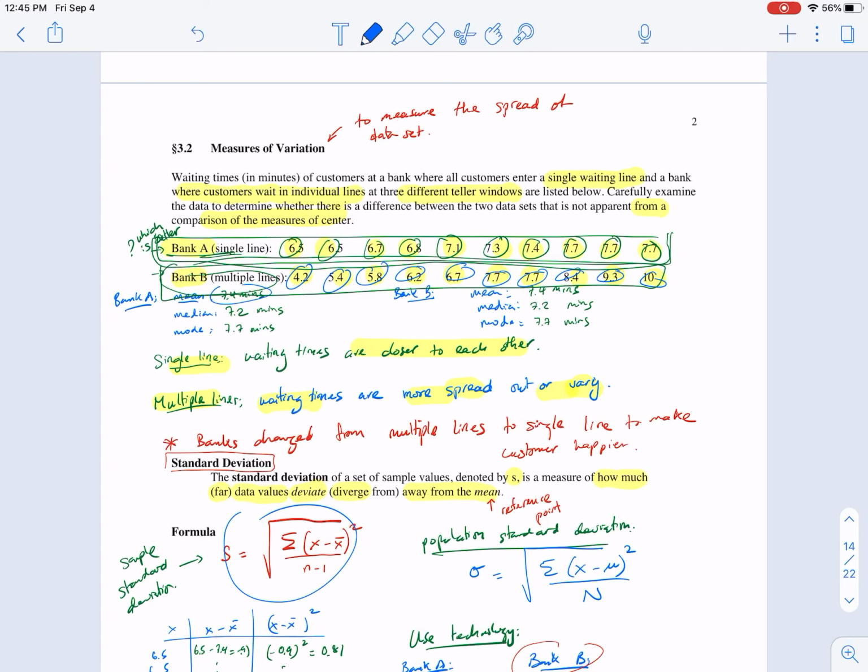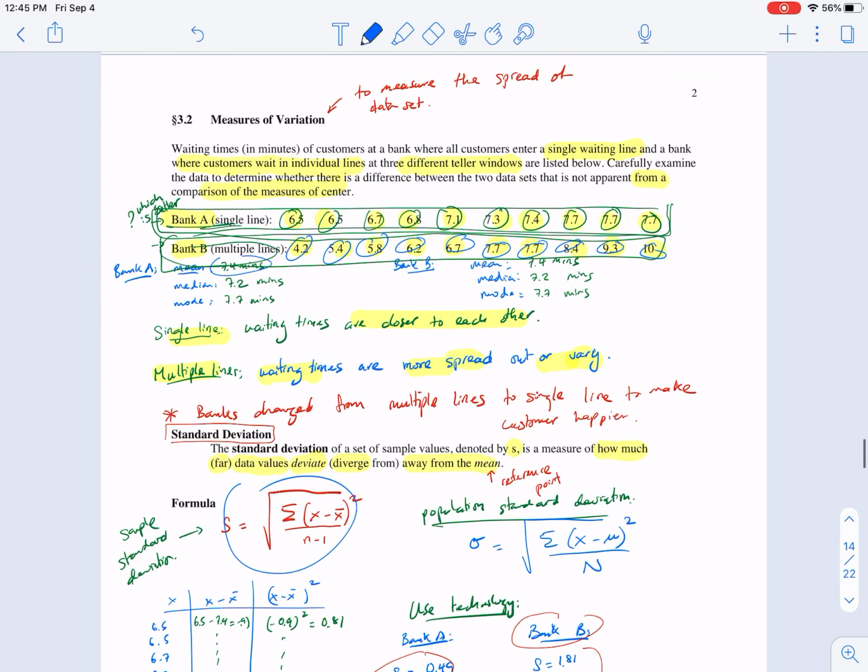In this video, we will cover part 2 of the 3.2 lesson, measures of variation. In the previous lesson, we discussed how to compare two data sets using the spread of the data values in each set. We captured that concept using standard deviation.